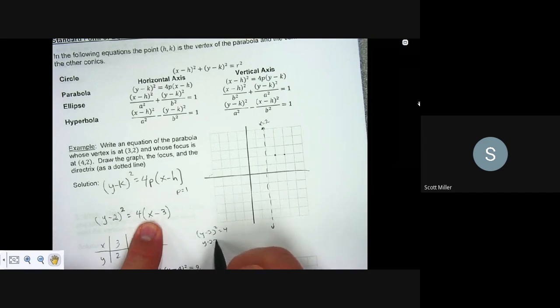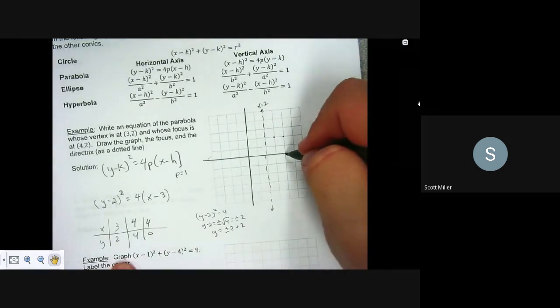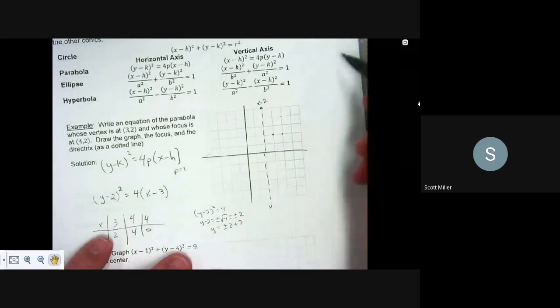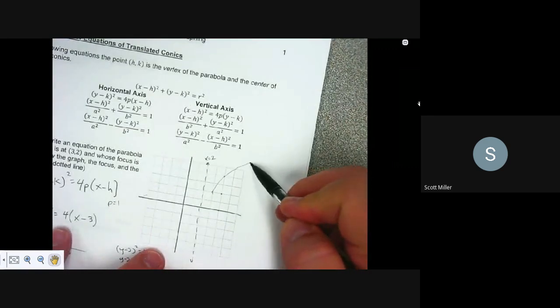So y minus 2 is plus or minus the square root of 4, or plus or minus 2. And so y equals plus or minus 2 plus 2, which means I'm going to have an answer of 2 plus 2, which is 4. And I'm going to have another one, which is negative 2 plus 2, which is 0. So at 4, I have a dot here at 0, and I have another dot here at 4. And so that gives me some width about this, and we can draw our parabola accordingly.